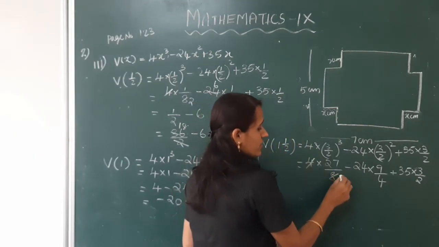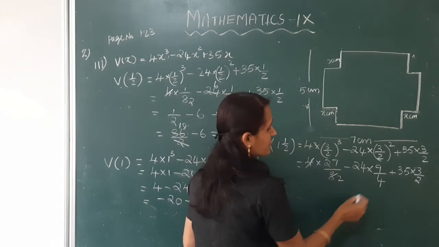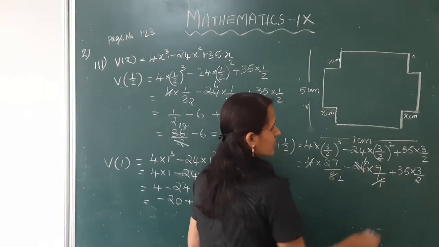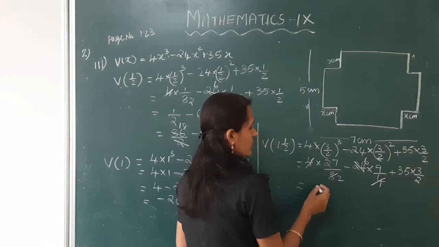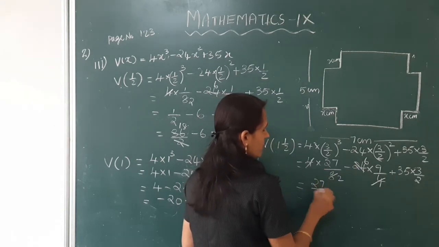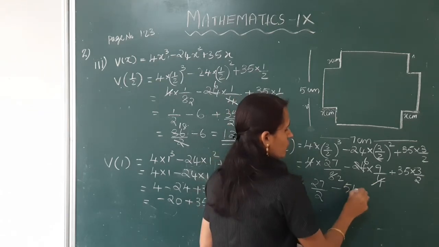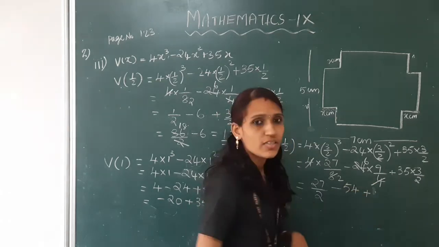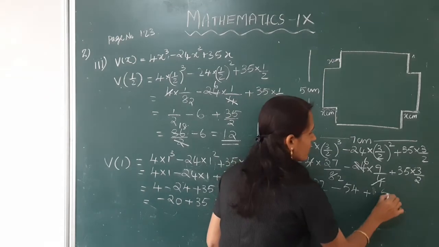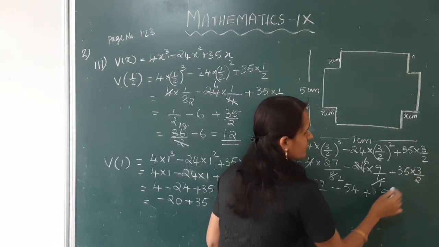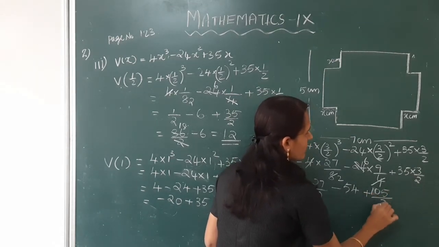4 divided by 8 is 2. 6. This is equal to 27 by 2 minus 54 plus 35 into 3, 105 by 2.